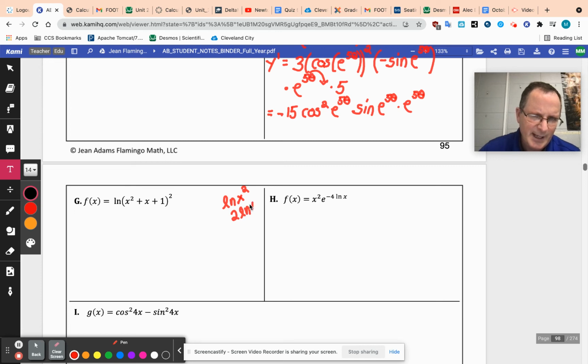I'm thinking about doing that instead of doing a chain rule this time. I just want to drop that 2 down. It's still going to be a chain rule, but I don't want to do a chain rule with this exponent. So by the logarithm rule, this is the same as 2 times the natural log, and now we've got an inner function, x squared plus x plus 1.